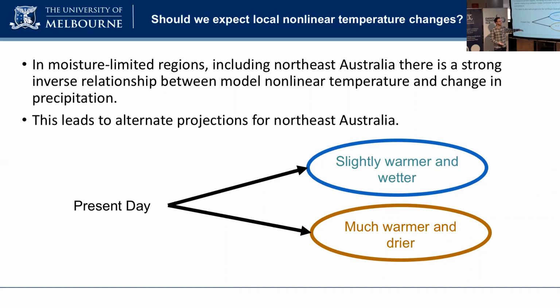This partly explains the difference in climate projections between models for these regions. So you can construct alternate climate projections based on whether we're getting wetter or drier because of the nonlinear change in these particular locations.